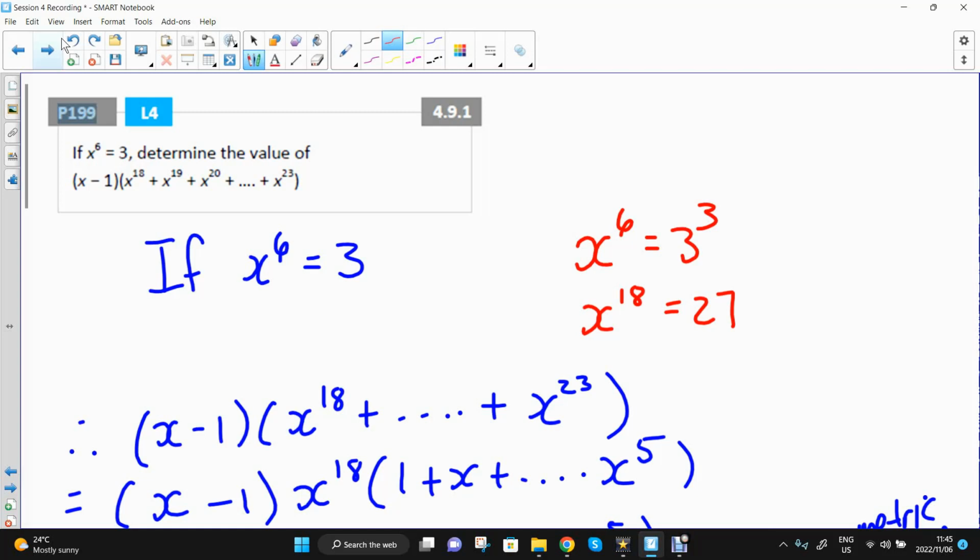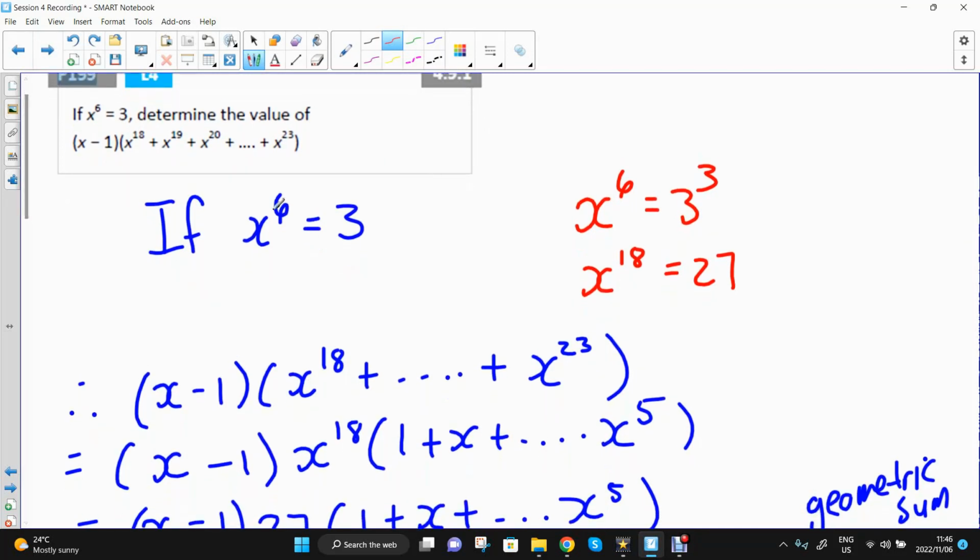Okay, so I did this question in 2 ways, and I'm going to show you both methods to get to this answer. What I did first is take x to the power 6 equal to 3 and change it slightly to see how we can manipulate it.